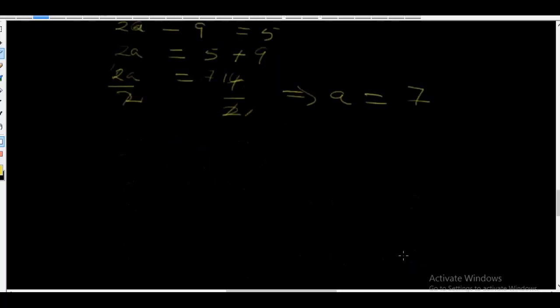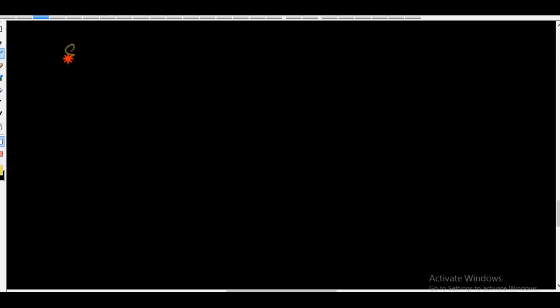So let's move to example number 4 now. Example 4 says that 3x plus y is equal to 1, and 2x minus y is equal to 4. This is equation 1 and this is equation 2.